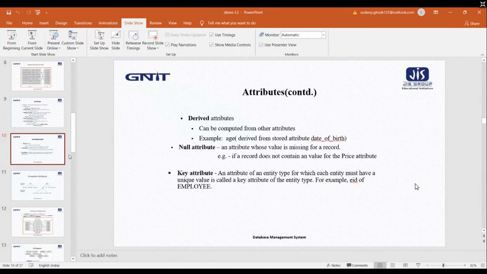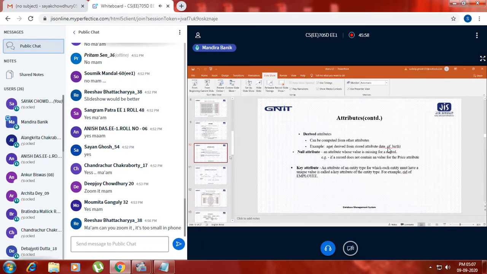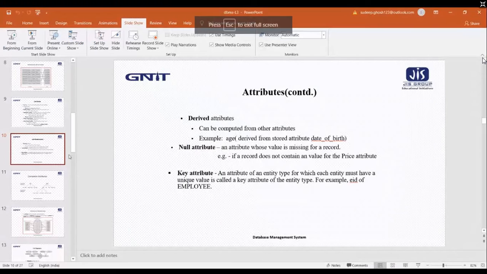For example, subject 1 is mandatory and subject 2 is optional. So for subject 2 we will not get marks for all students, because not all the students have appeared for subject 2. So for some records, some rows, we will get empty values. Those values are called null values.